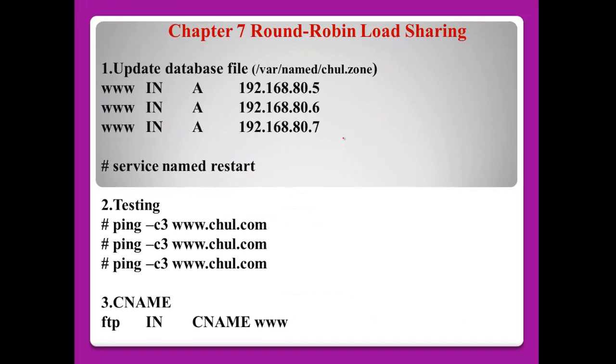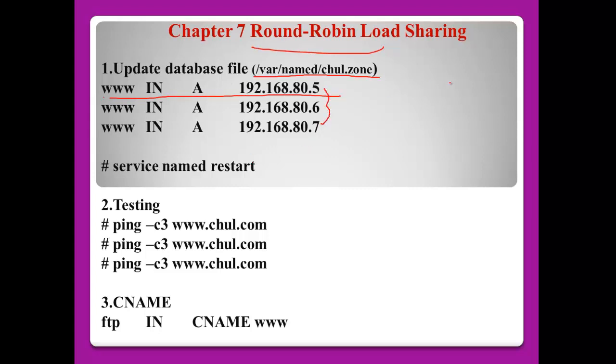And chapter 7, round robin load sharing. Normally DNS BIND supports round robin load sharing. For example, here a named zone. We can create like this if you have web servers that you want to share your load across using round robin. In this case, I have the web server 192.168.5.6.7.3.